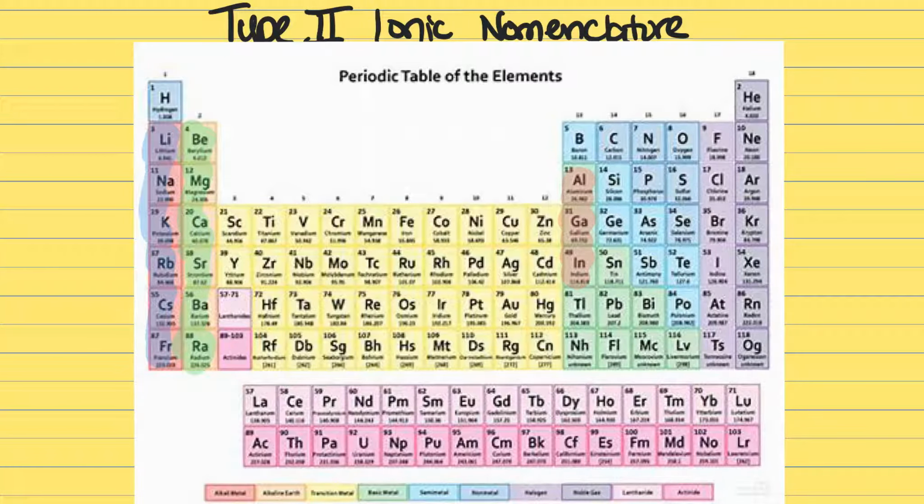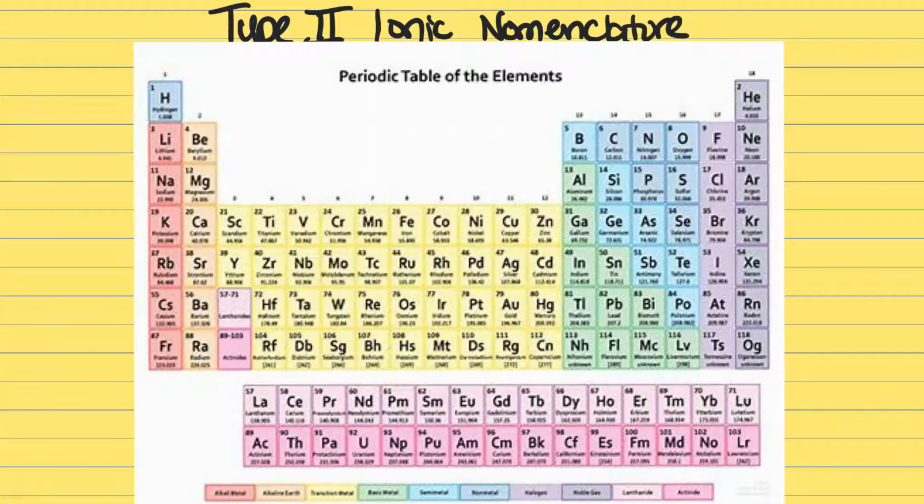So what do I mean by that? Well, let's look at, for example, gold. Gold could be either Au+1 or Au+3.